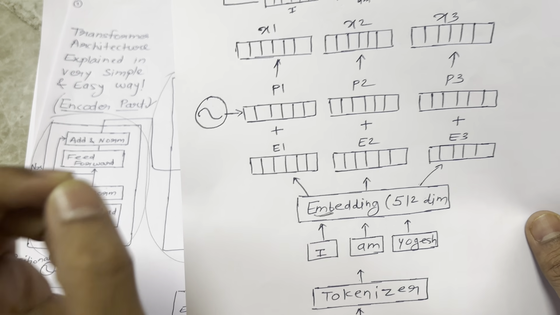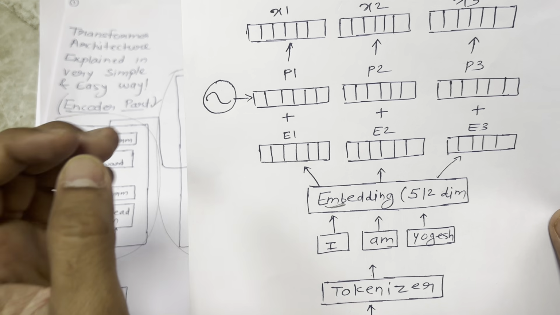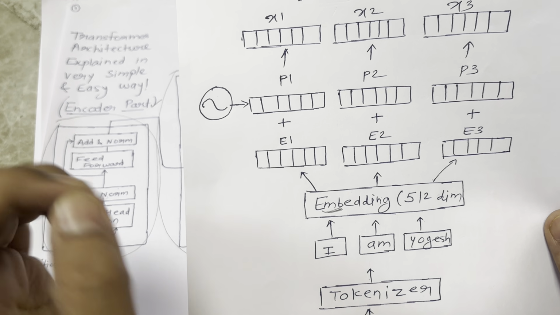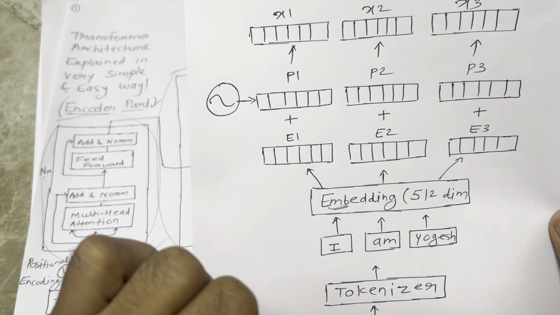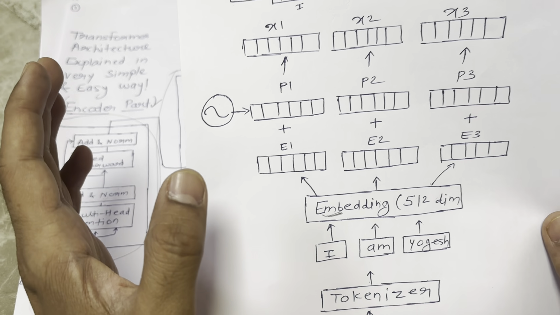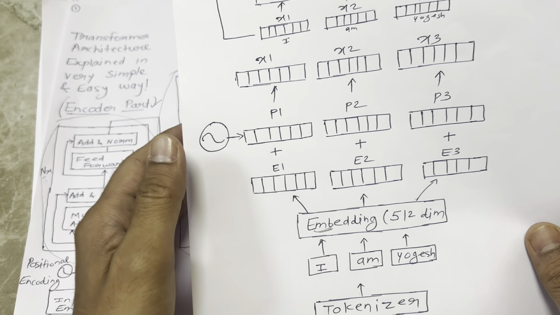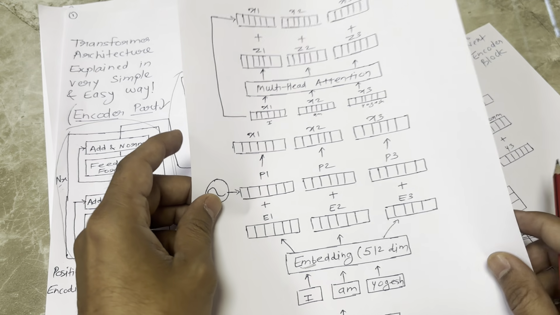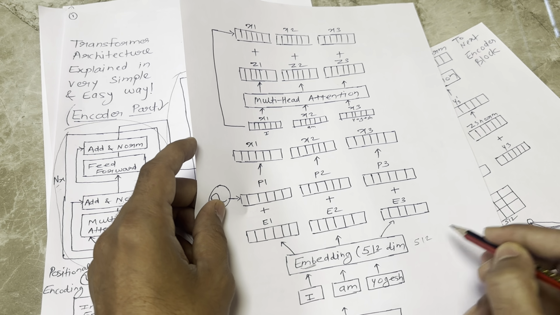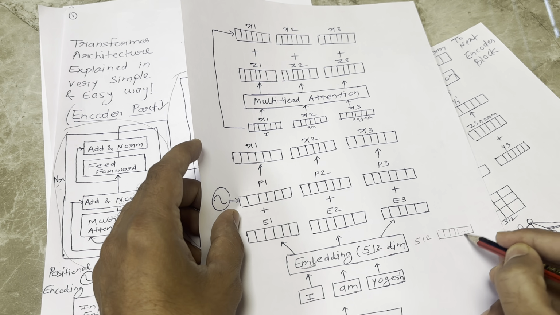What we do is take every word and put it in this embedding layer, and this embedding layer will generate a vector for every word. In our case, it will be a 512 dimension vector. That's why I have written 512 dimension vector here. It's like this: 1, 2, 3, 4, and so on, up to 512.